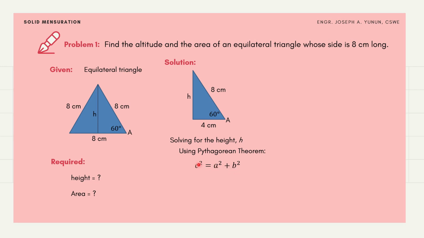The hypotenuse represents the longest side of a given right triangle. And take note that the Pythagorean theorem can only be used when you are given two sides of a right triangle. So specifically, the Pythagorean theorem can only be used in a right triangle.